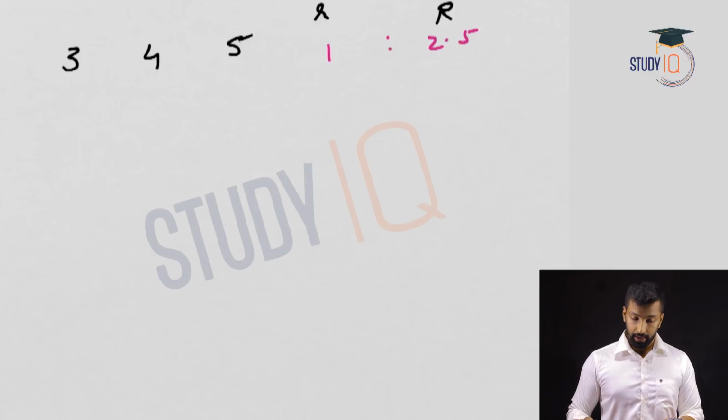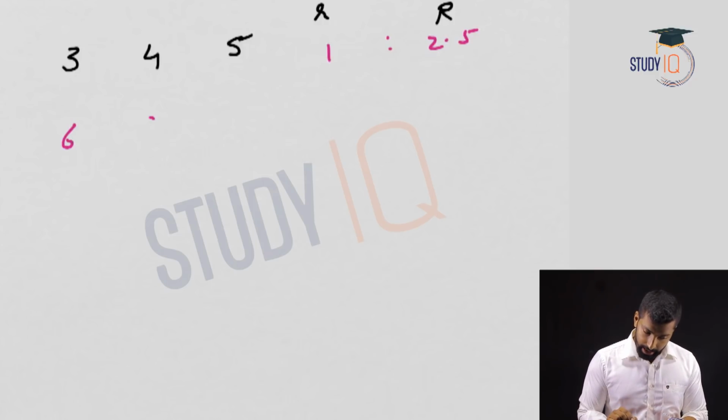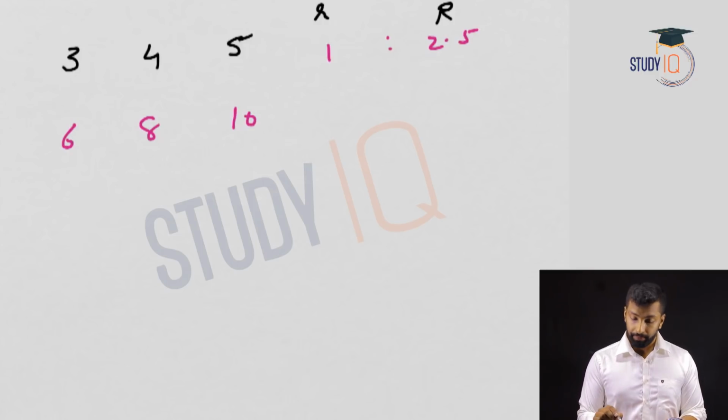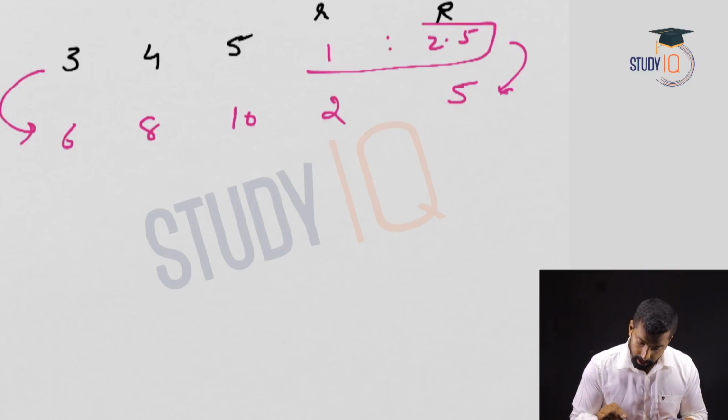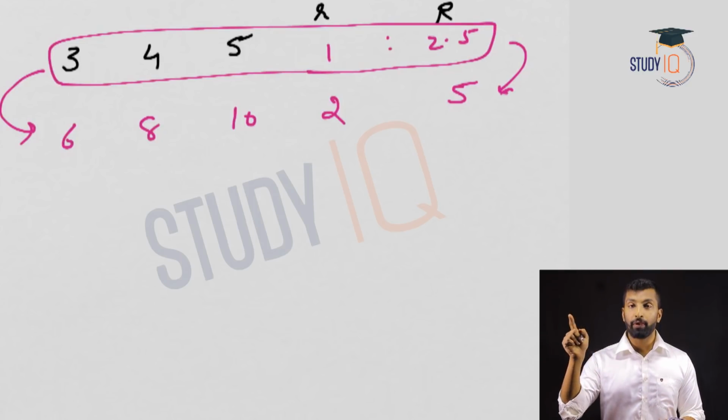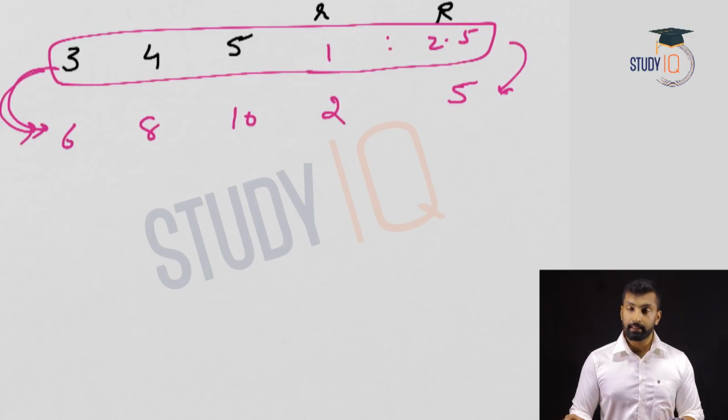So if it is 6, 8, 10, this will be 2, 5. Here you multiplied with 2, here you multiplied with 2. Just keep this in your mind. If it is 3, 4, 5, it is 1 and 2.5, inradius to outer radius. So here 6, 10 and 8, so 2 and 2.5.